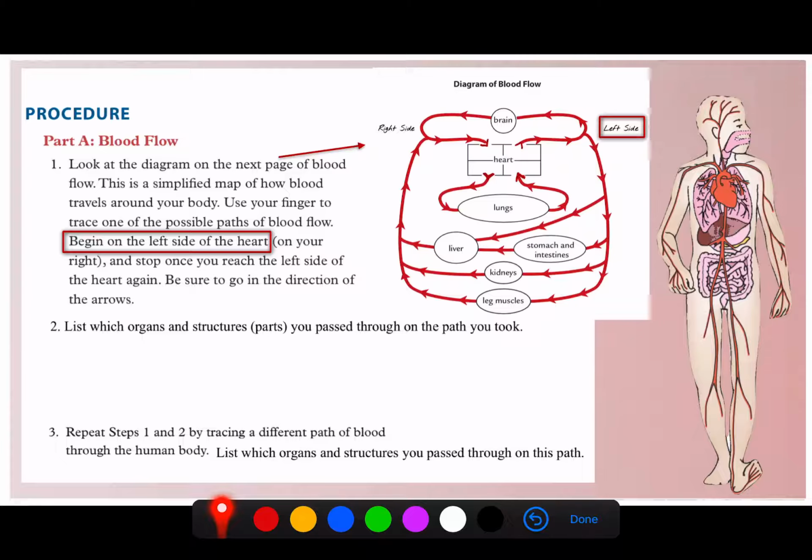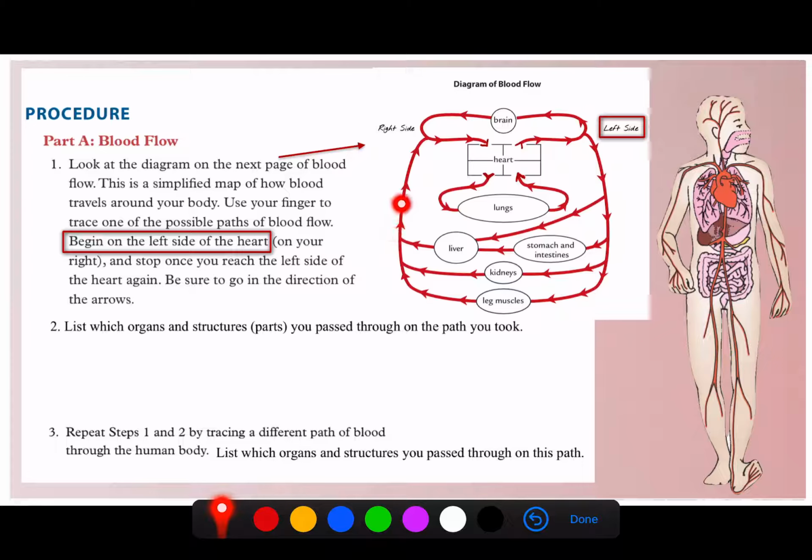Okay, so what this just means is I could start at the brain. I could start here, anywhere on the left side. I'm going to start right here. And I'm going to follow this path, and I'm going to go through here, the stomach and the small intestines. And if I keep following that arrow, you see the next stop is the liver.